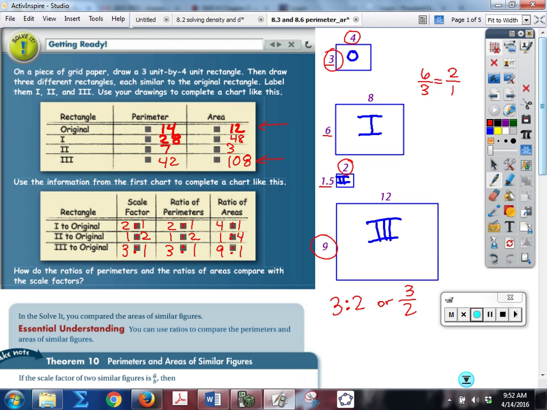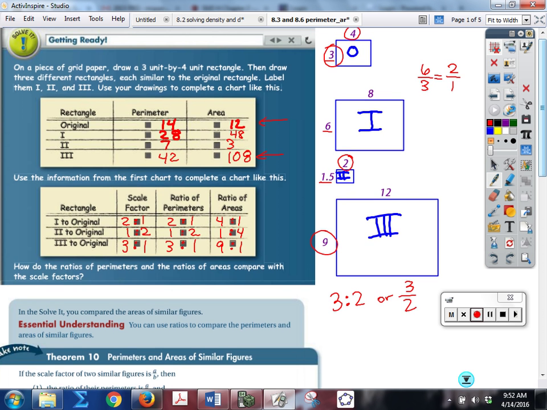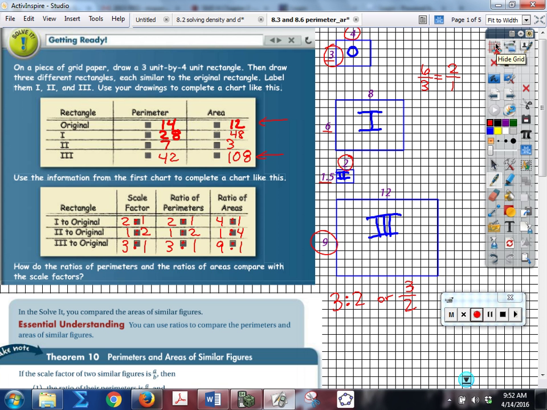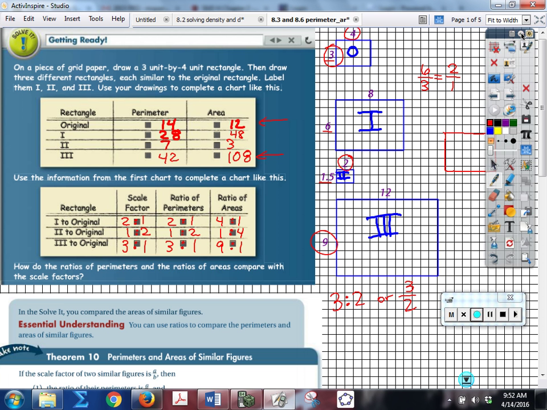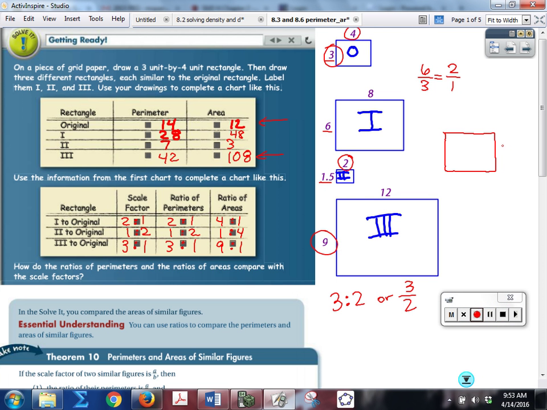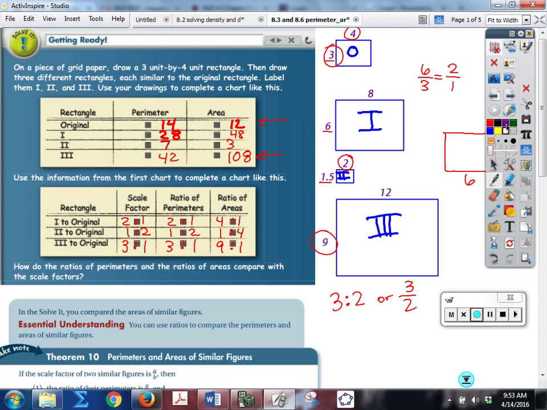If I did one this would be 4.5 to 6. Okay, so if I look at a fourth one, we'll call this one number 4.